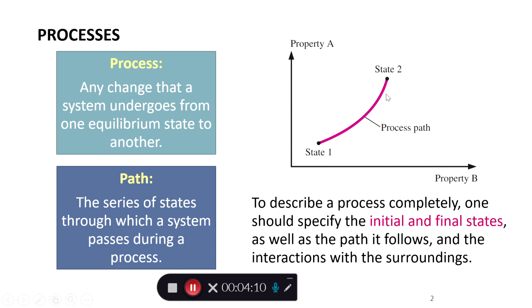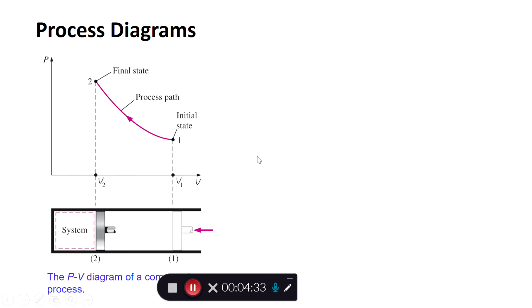Is it this curve or is it another curve? Is it the highway or is it LRT, right? And the interactions with the surroundings. In the case of traveling to college, obviously, it matters how long you take, how much you have to spend in order to go through that process, right? So all this information is important to describe a process.